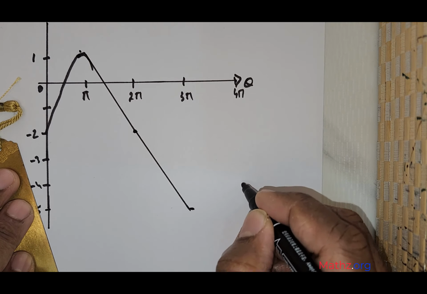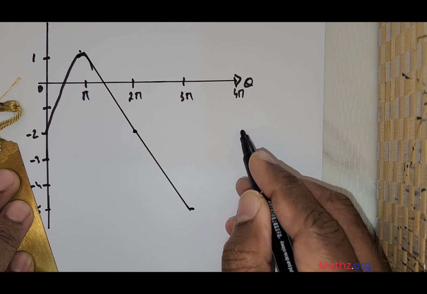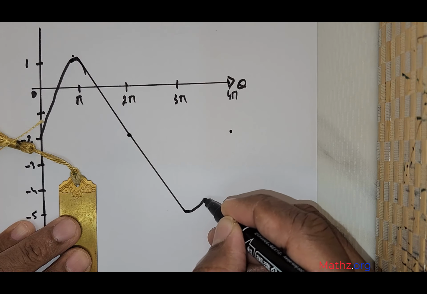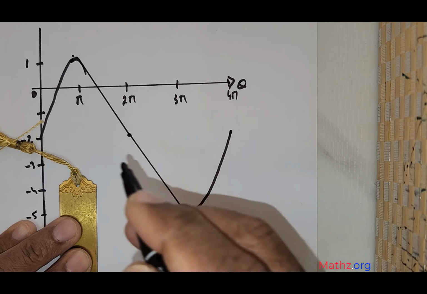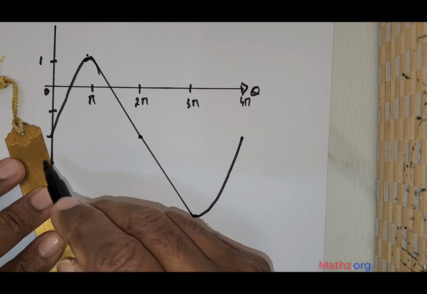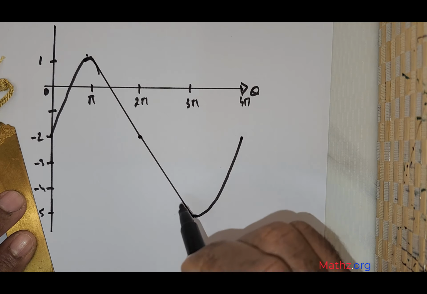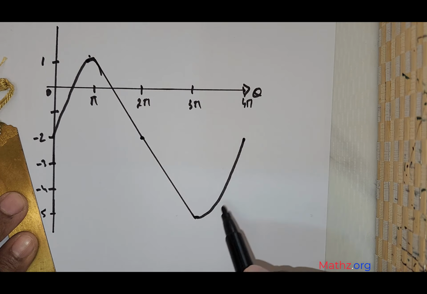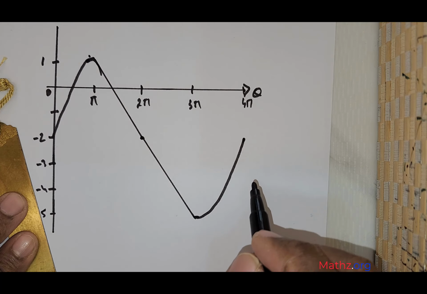And then it rises to -2. So there is a curved bend. It goes like this. Now I have used a scale, so that's the reason it is a little bit straight, but this is actually a wave form.